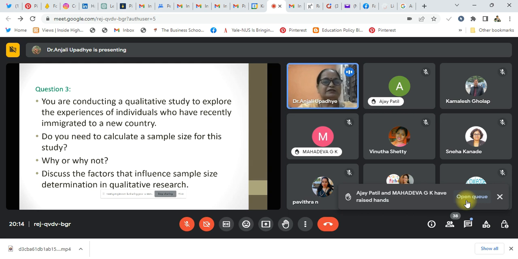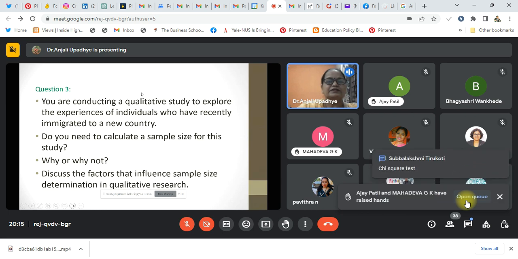Chi-square test? Listen. Read again the research question. You are conducting a qualitative study to explore the experiences of the individuals who have recently immigrated to a new country.